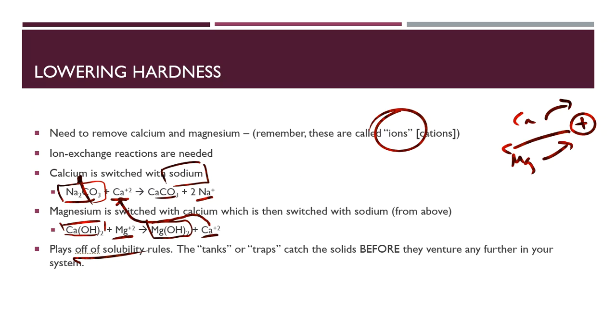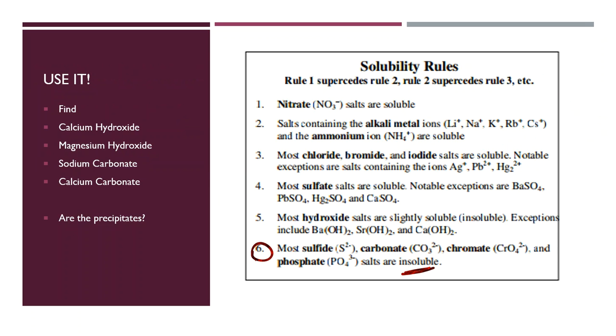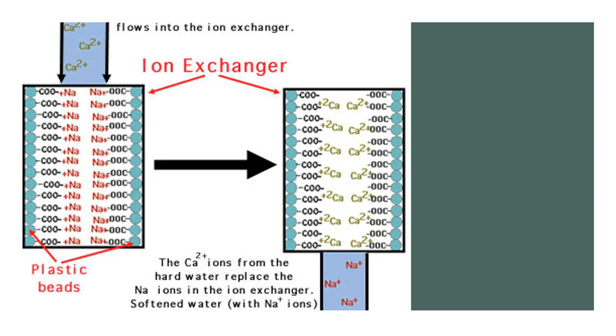Now we have magnesium hydroxide that's there. Magnesium hydroxide's not part of the solubility rule. Therefore, it is going to be soluble, folks. So this is the way that ion exchange happens. We're playing off reactivities. We're playing off the way it precipitates out. We're playing off of all of those ionic types of relationships that they have with each other.